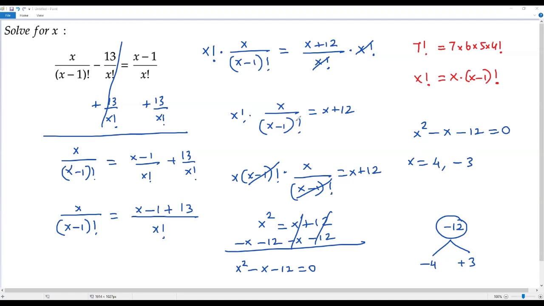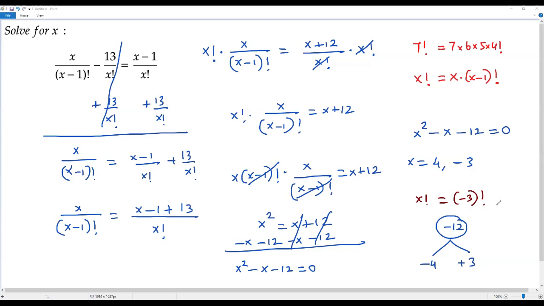Okay, now since it's a factorial equation, I have to verify whether both the solutions will work or only one of the values of x will work. So here we have x factorial here and here. So what if I take negative 3 for x? Then if x is equal to negative 3, it will become negative 3 factorial. So actually a factorial cannot be applied for negative numbers.